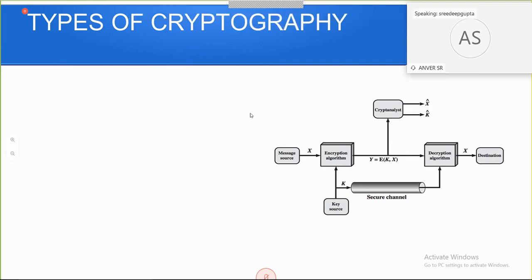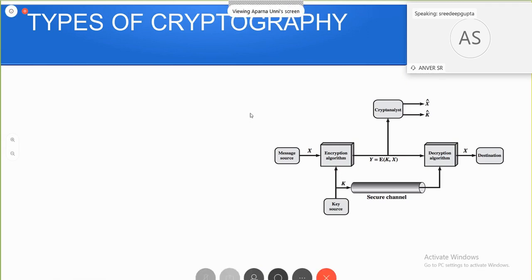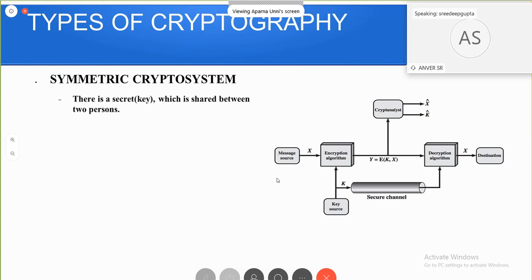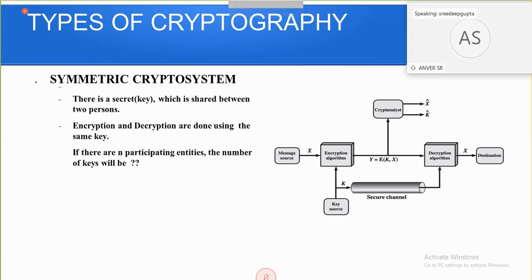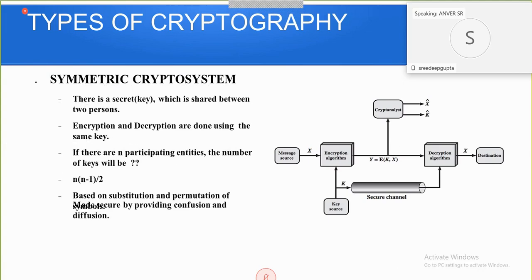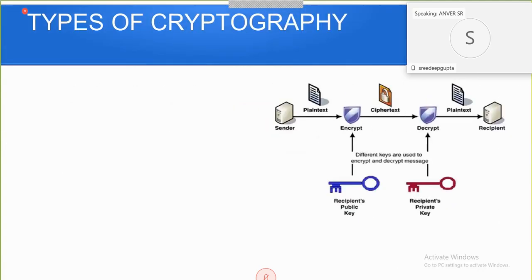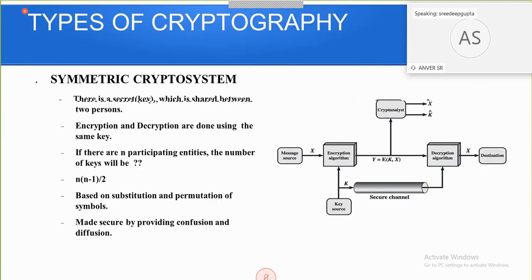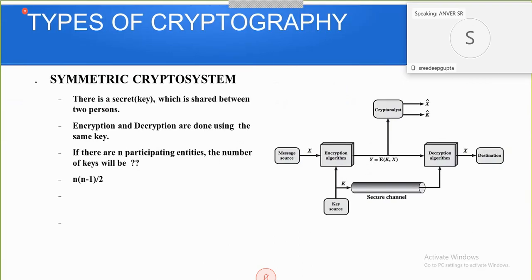Next. Go to the last line. So if you want to change the slide and all, just contact Aparna. Just tell her, she will change the slide and all. Okay. Aparna, go back to this one.